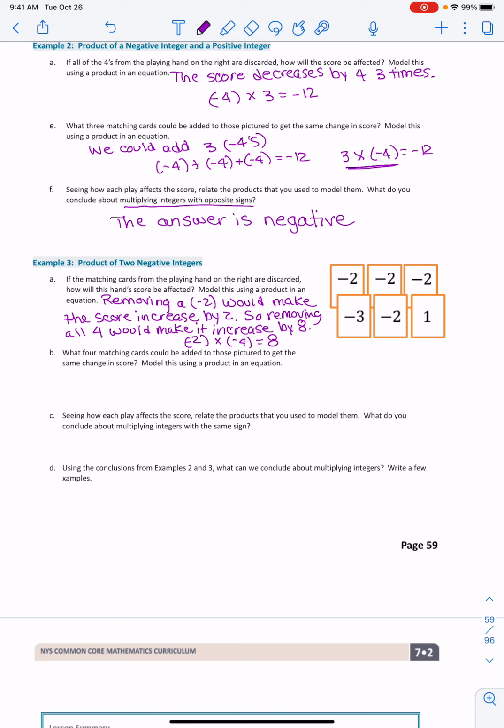So it says what 4 matching cards could be added to those pictured to get the same change in the score. Well, 4 matching 2s would be added to the cards. In other words, 4 times 2 would equal 8. In other words, we could put 2s on top of here, and it would make them zeros, and it would actually cross these out.